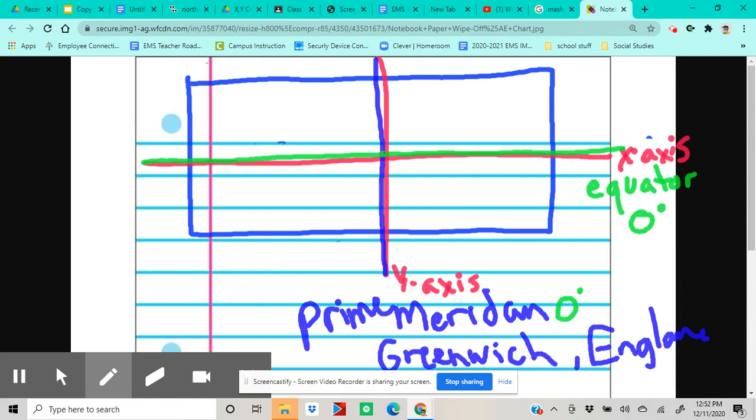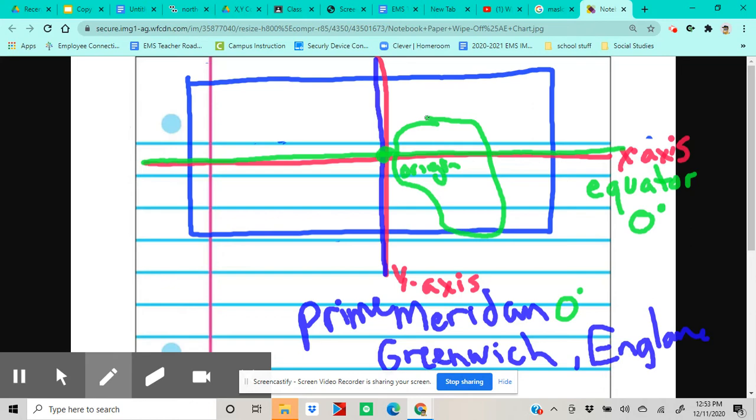And where they cross is also an origin point. And it's a real spot off the coast of Africa. Dear children, it exists, but it's in the water, in the Atlantic Ocean.